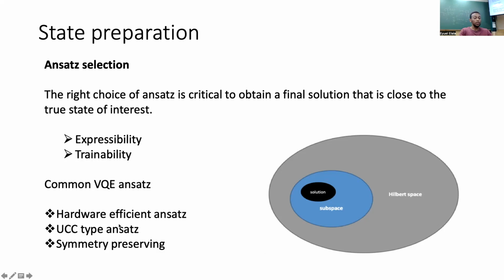So we can constrain that ansatz to look for the solution in a given subspace, so that we can save a lot of effort exploring the unnecessary part of the Hilbert space. So we reduce the number of parameters used to search that space. These are some of the features of ansatzes like the UCC type.